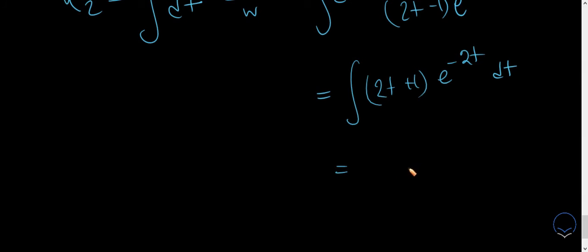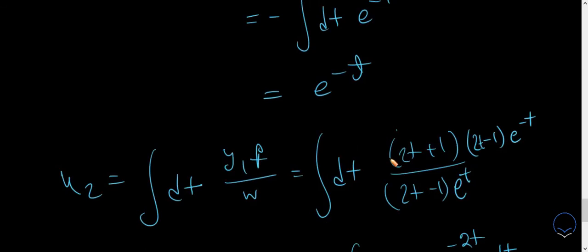It will be e to the power minus 2t over here, and there will be a t plus 1 factor, and yes, there will be a minus sign. So now you are done finding u1 and u2.